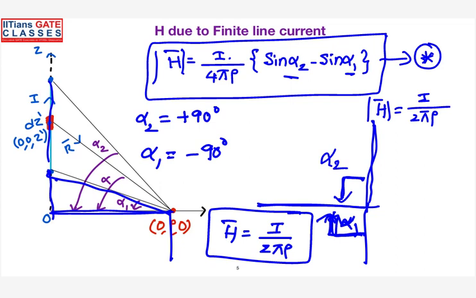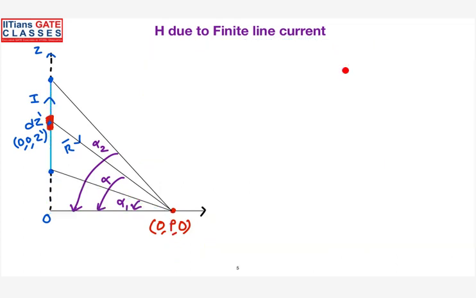Any questions here? One more thing I would like to clarify: you have to be clear about what alpha 1 and alpha 2 mean. I will explain. Suppose this is the radial line and this is your current carrying element. Alpha 1 is the angle made by the lowest edge with respect to the radial line.